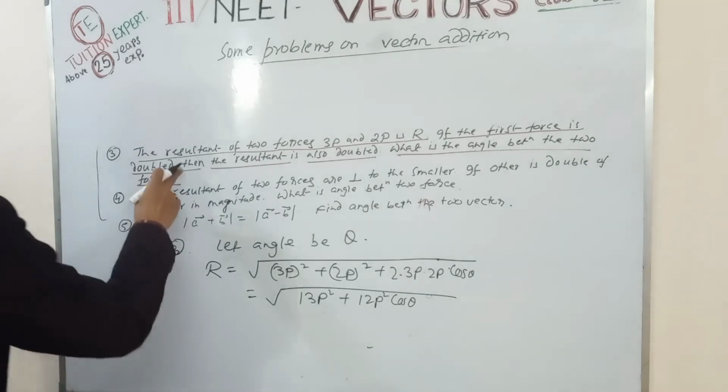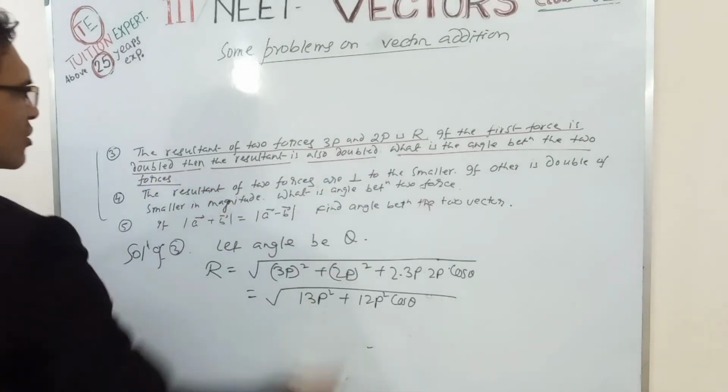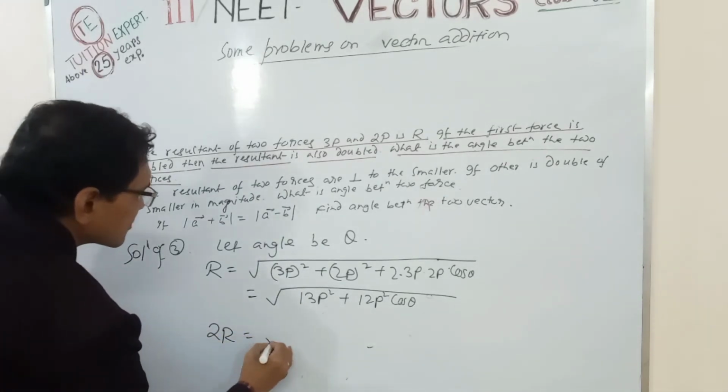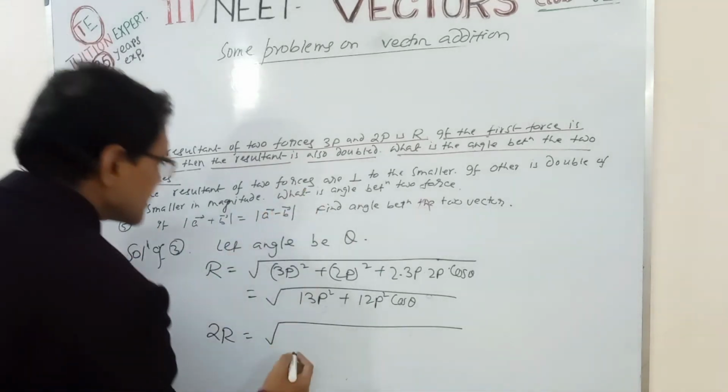The next step: if the first force is doubled, then the resultant is also doubled, that is 2R, when 3p is doubled, which means 6p.